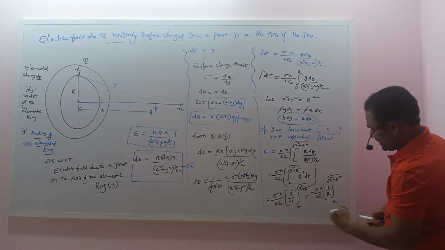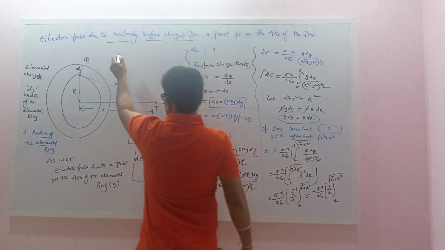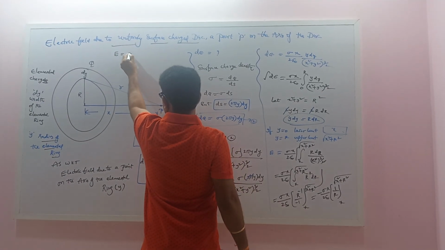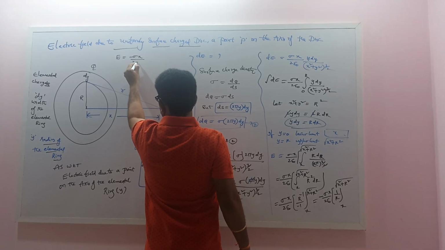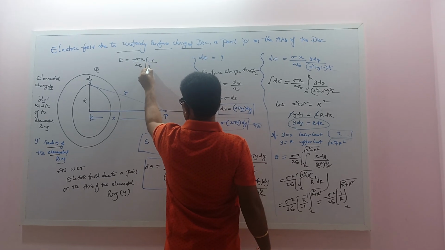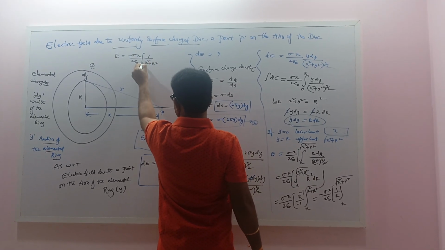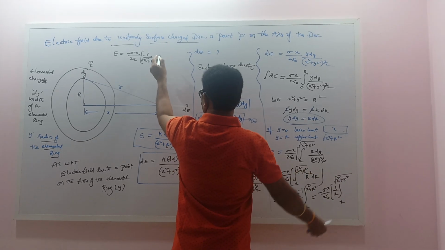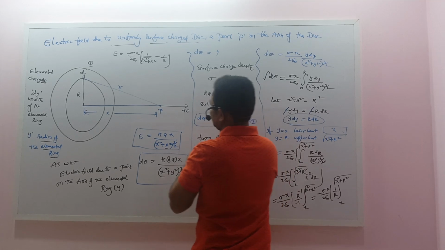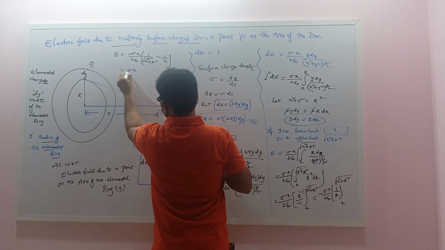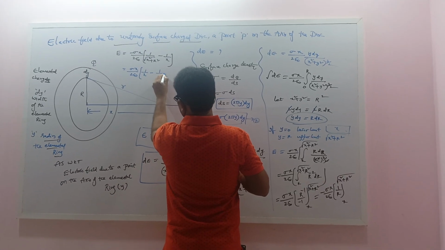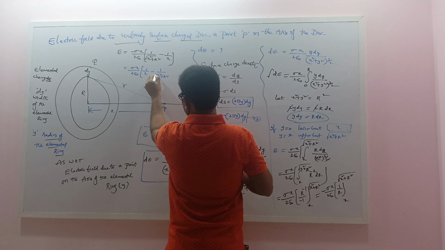Now the electric field E is equal to minus sigma x by 2 epsilon naught times the upper limit 1 by root over x square plus R square minus 1 by x. The minus sign goes inside, so E is sigma x by 2 epsilon naught times 1 by x minus 1 by root over x square plus R square.